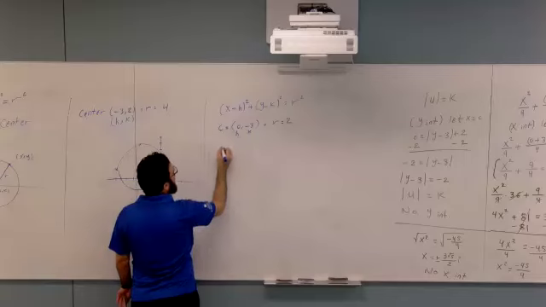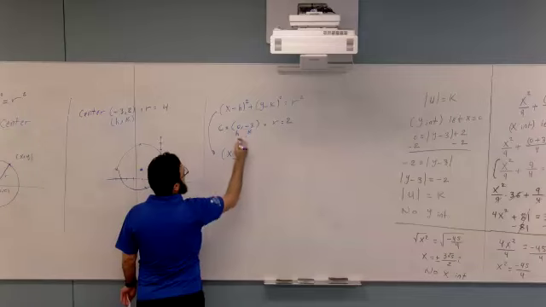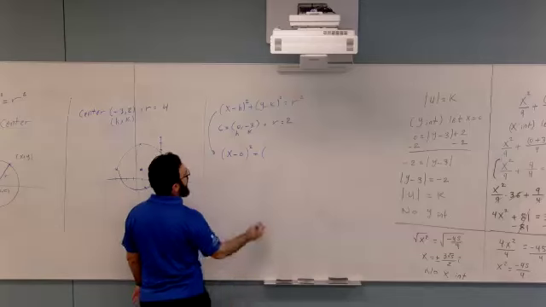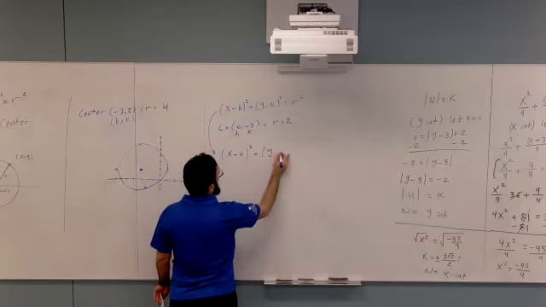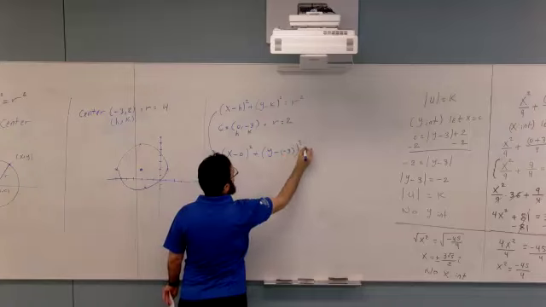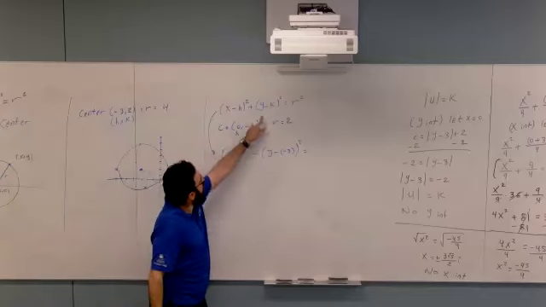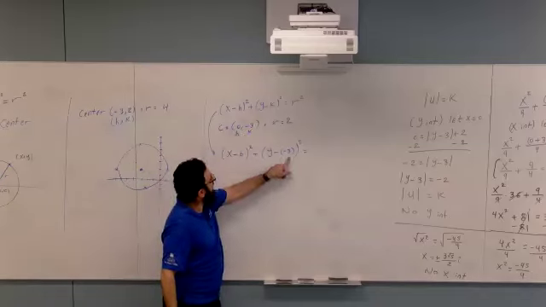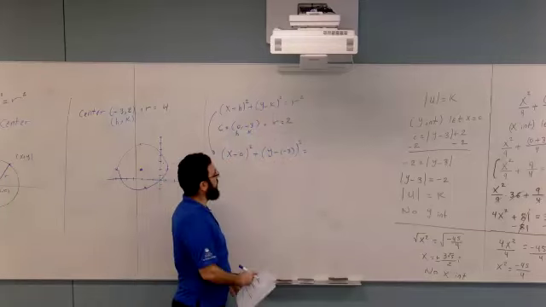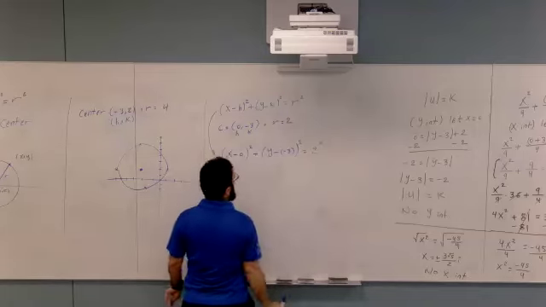The standard form for the circle is x minus 0 squared plus y, be careful, minus k is minus -3, squared, equals 2 squared.